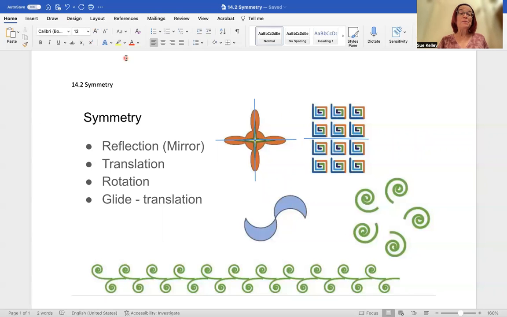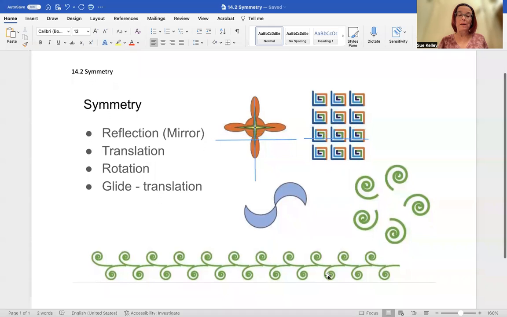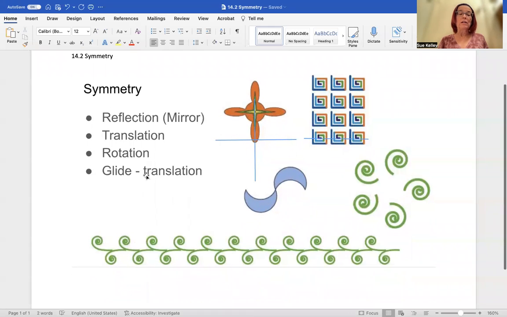The last type of symmetry that I want to talk about is what we called glide translation. So this is a combination of two of our transformations to show symmetry. And in this case, down here, we can see that we have moved the shape up here, and then we've reflected it.